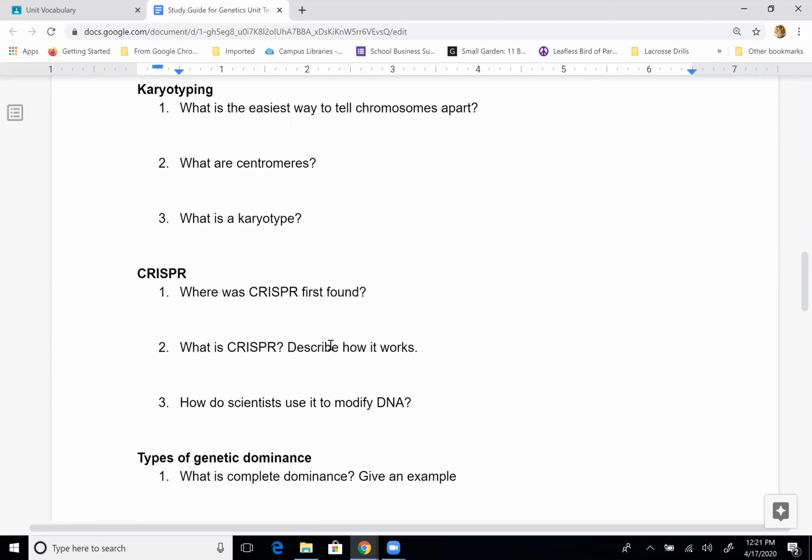It's a protein machinery, basically, for lack of a better term, that will go in. It's derived from bacteria, and bacteria usually have to repair their own DNA because they frequently get infected with viruses.